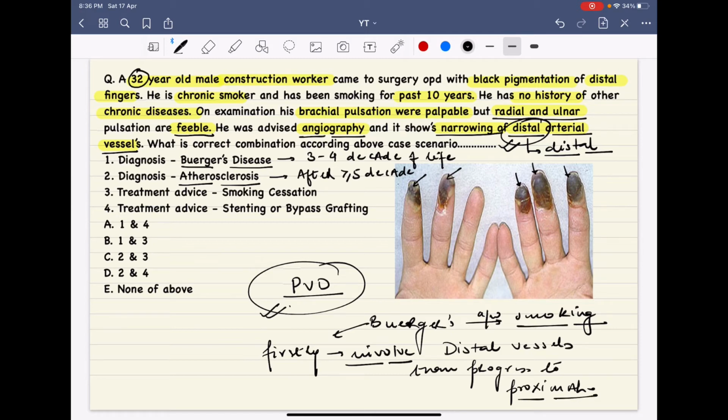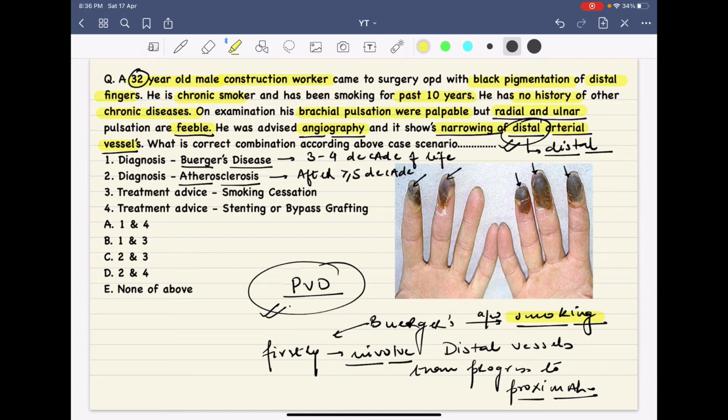So it has an association with smoking, and in the question they have given that our patient is a chronic smoker for the last 10 years.